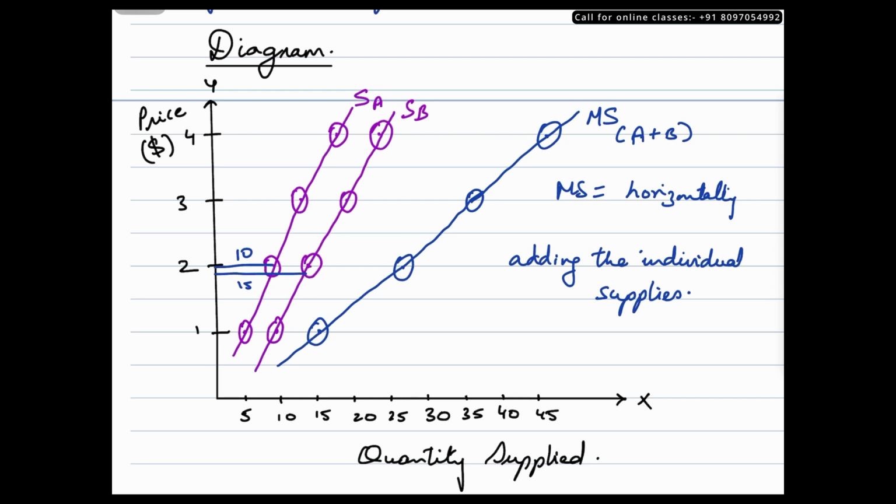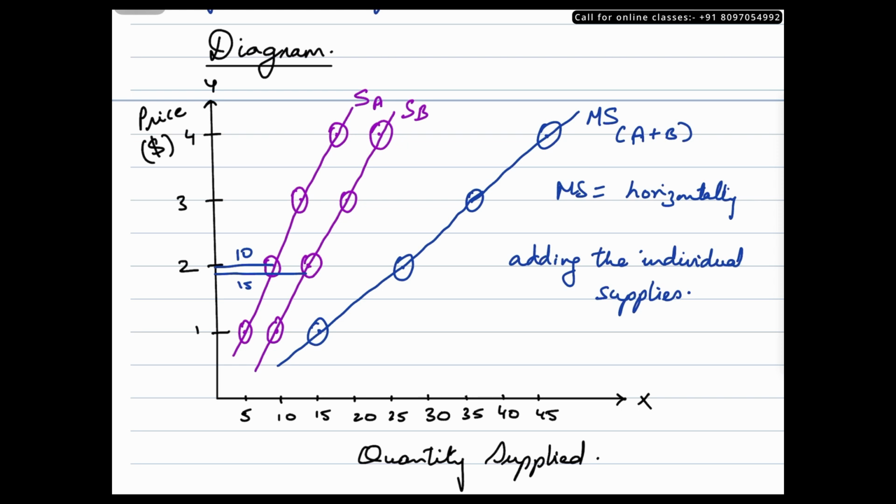When we plot individually, these curves are located side by side, but when you add 15 to the 10, this is the point that you would get, which represents the market supply, and hence we say that market supply is a horizontal summation of all individual supplies. This is an important point that we need to remember while writing an answer for market supply.